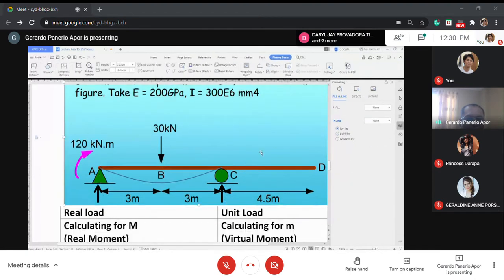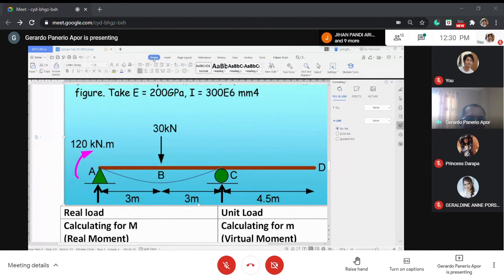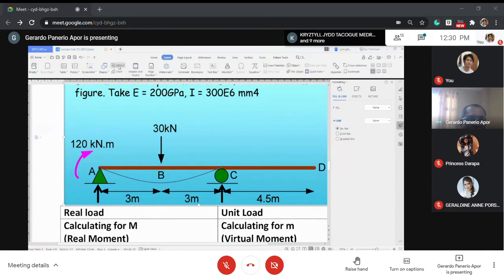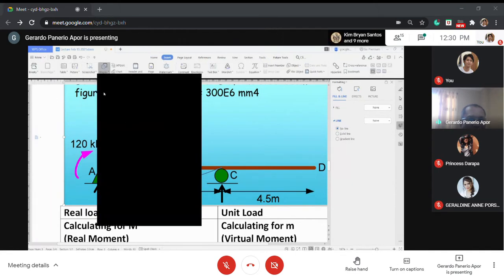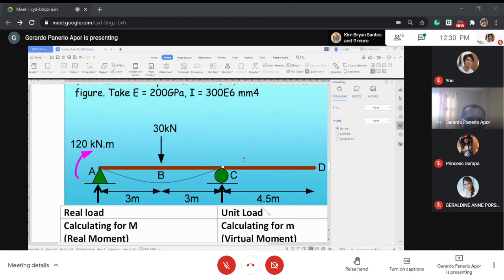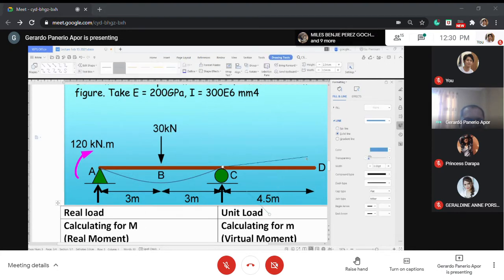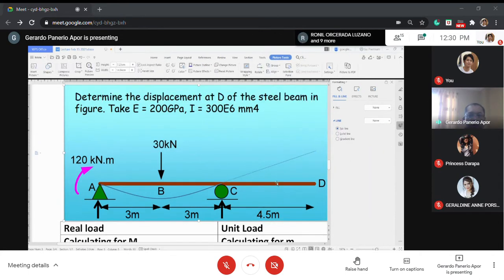What I'll do is add a line which is tangent to the curve. So it will be like this. That's what happens to your structure, really. Now I am going to make this big.